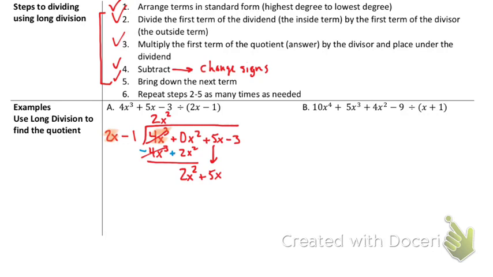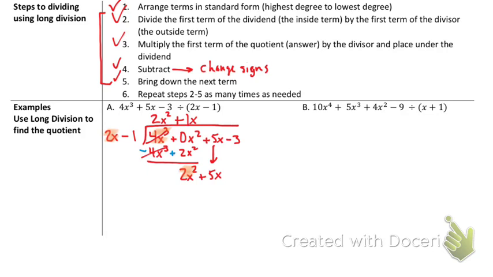So step 1, we're going to divide the first term on the inside by the first term on the outside. So 2x squared divided by 2x, and we're going to put our answer here. 2 divided by 2 gives me positive 1. X squared divided by x, that means we're left with 1x.